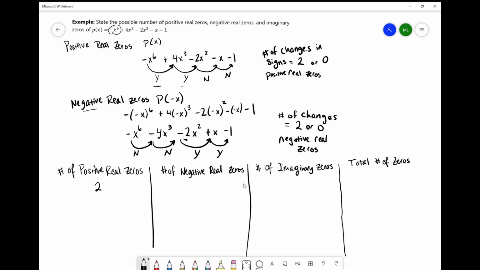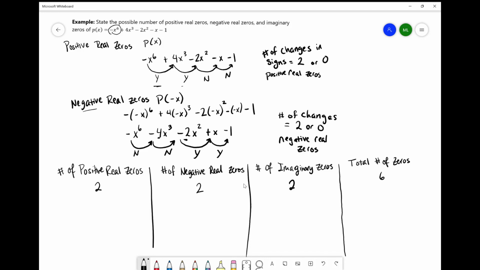If I have 2 positive real zeros, and I could have 2 negative real zeros, then the number of imaginary zeros would be 6 minus 2, which is 4, and then 4 minus 2, so what remains is 2. I could have 2 imaginary zeros, because 2 plus 2 plus 2 equals 6, so it adds up. So this is one possible combination I could have of my zeros.